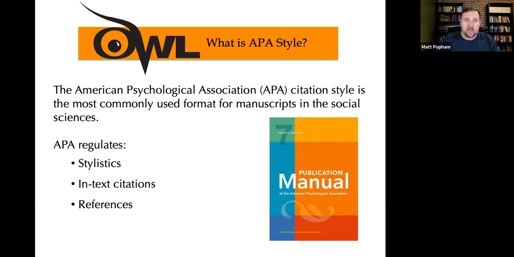So you're gonna find APA style in humanities, in psychology, in nursing, in a lot of the more scientific disciplines. And that's because it deals primarily with quantitative and qualitative writing.